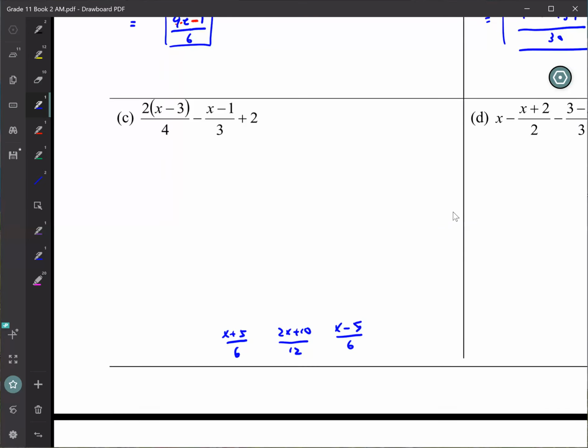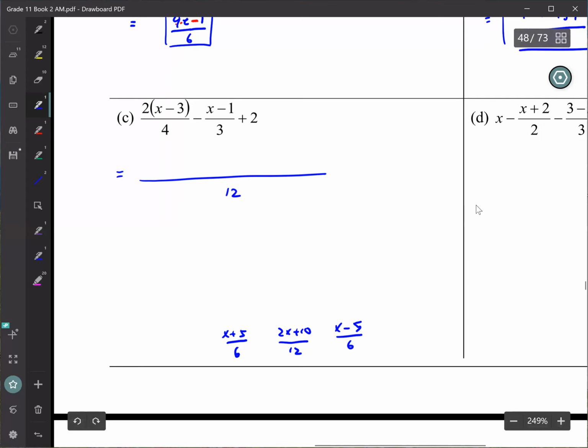So I'd like you to tell me what you did. What's the common denominator for this one, Brennan? 12. 12, yeah, so write 12. And then after you multiply, after you write out the brackets, what will be on the numerator?